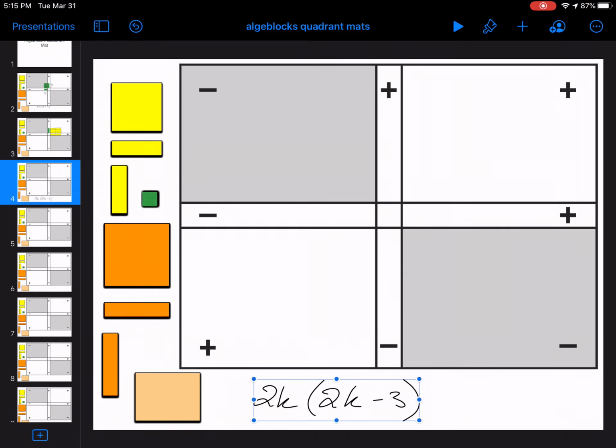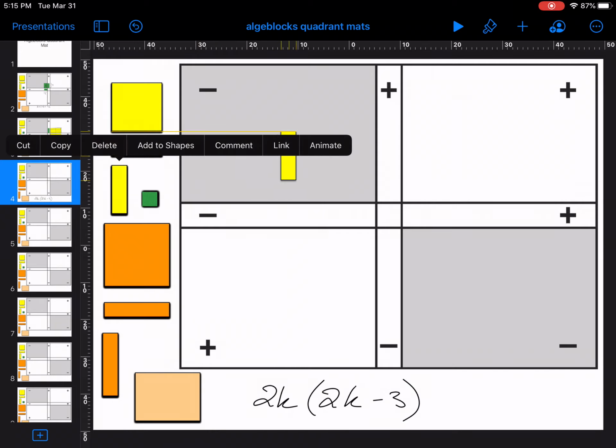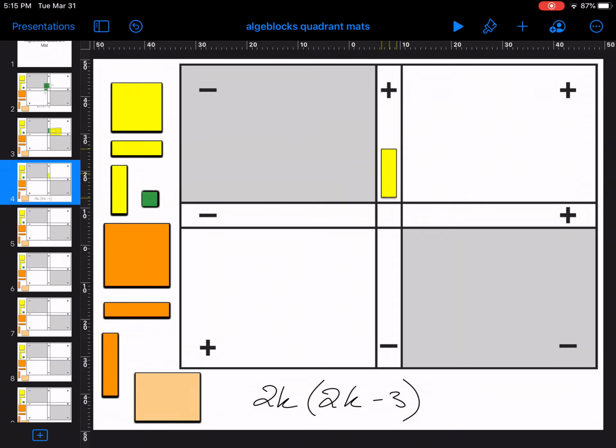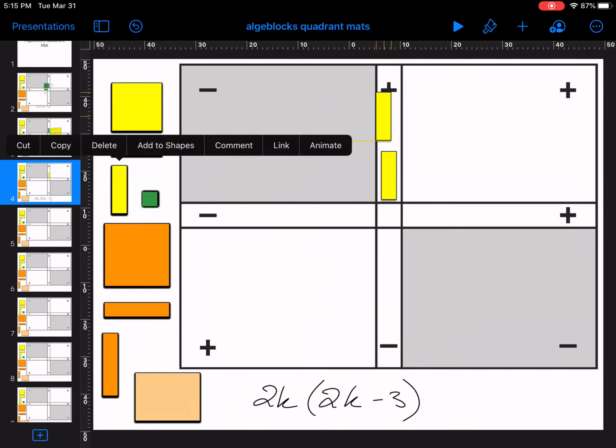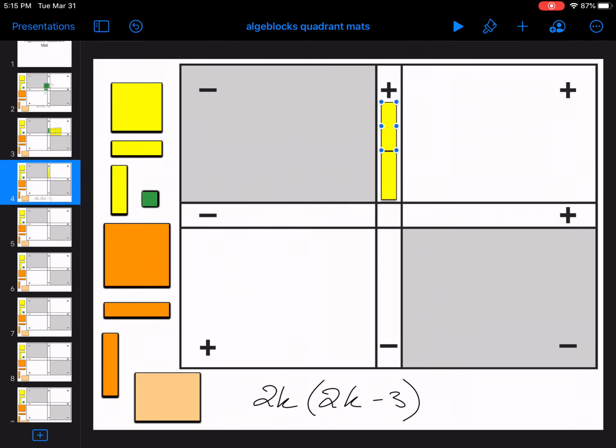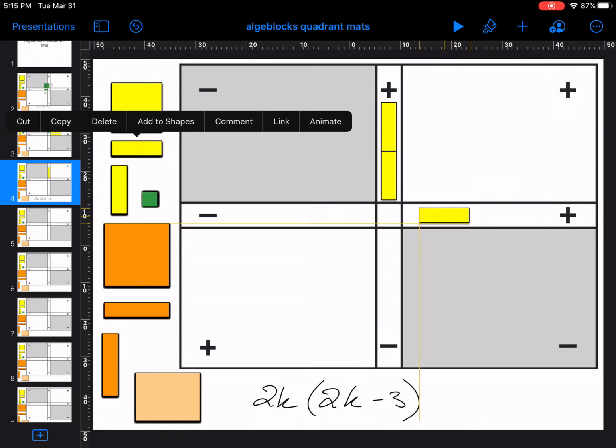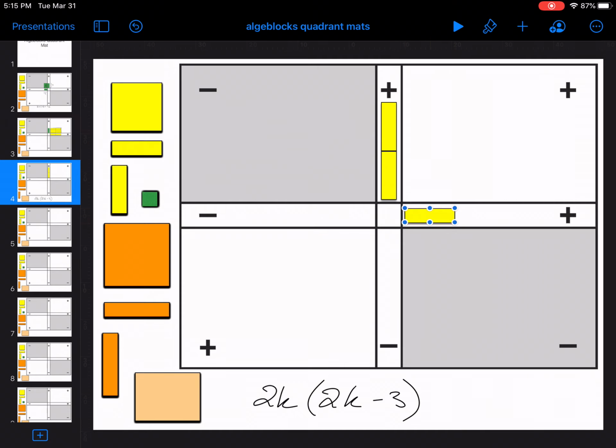To do the vertical factor with 2k, let's say the k is the yellow rod this time. So 2k, that's 2 k's on the vertical. Now on the horizontal, we need to model 2k minus 3.